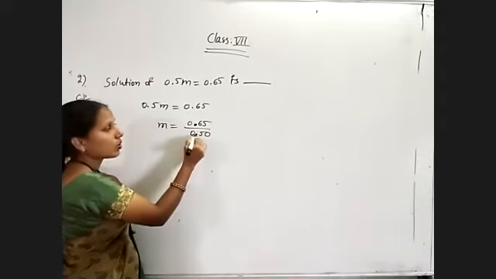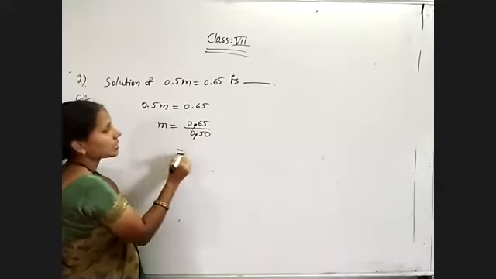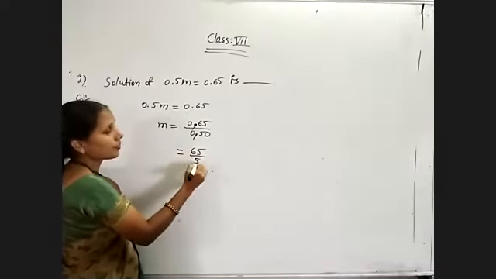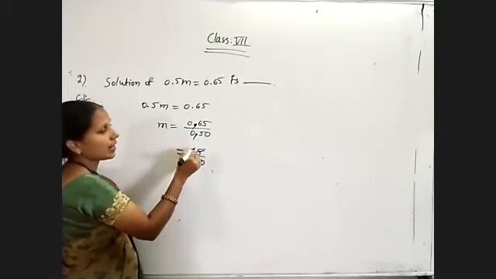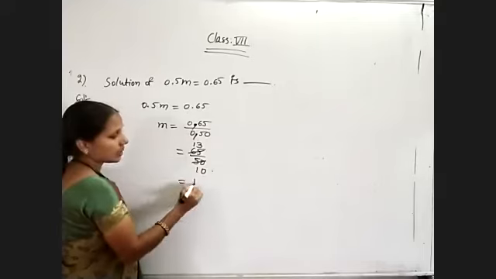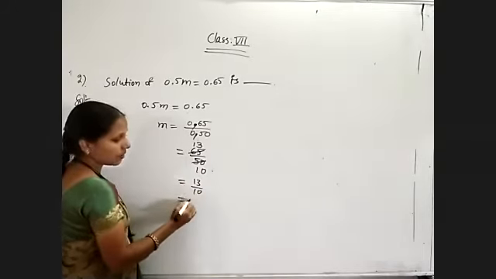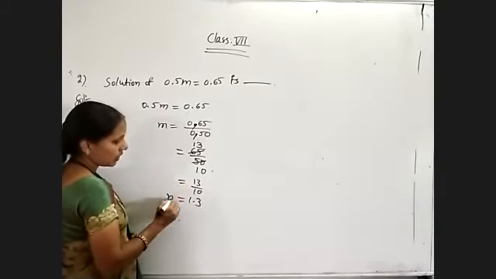So both are like decimals, so the point will get cancelled. Now, m is equal to 65 by 50. Both can cancel in the 5 table. 5 thirteens are 65, 5 tens are 50. 13 by 10, what is its decimal value? 1.3. So the m value is equal to 1.3. That's all. Now coming to the next question.